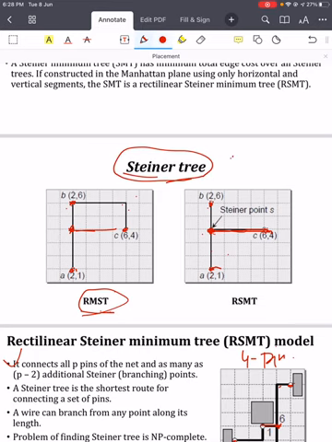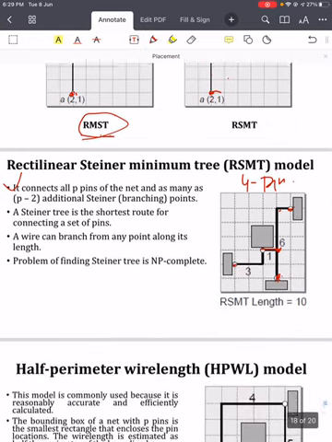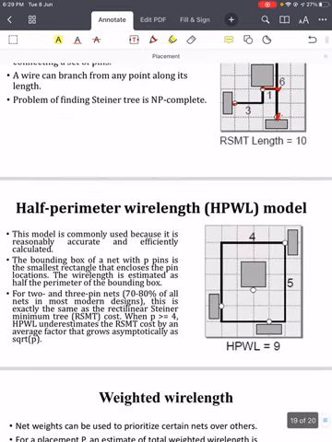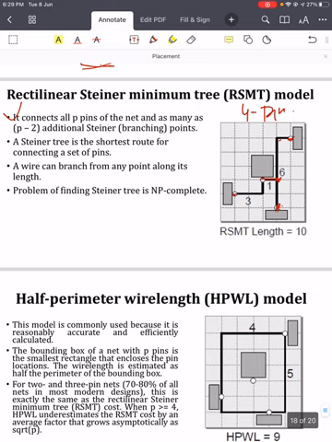There could only be connections between two nodes or two vertices, or in our case between two pins. So here the RSMT length, the rectilinear Steiner minimum tree length, will be 10.